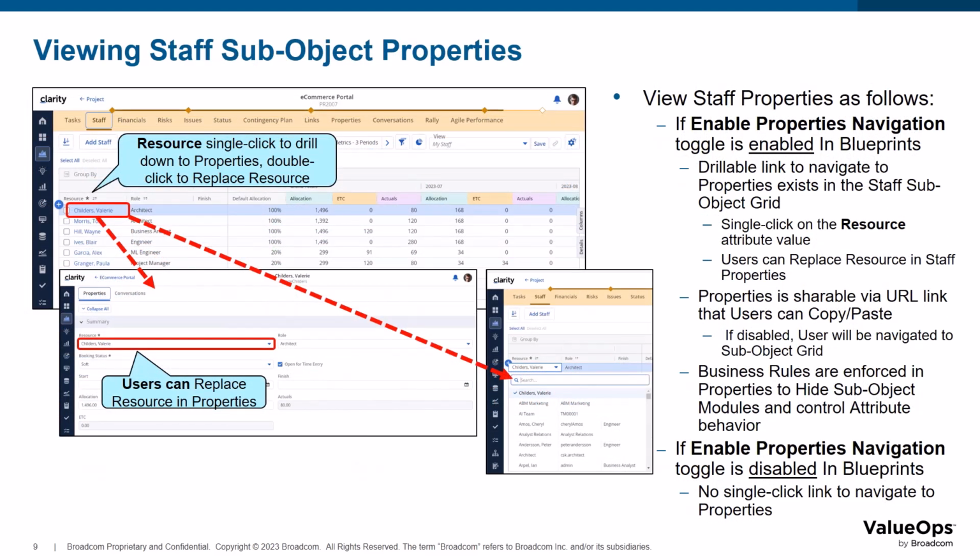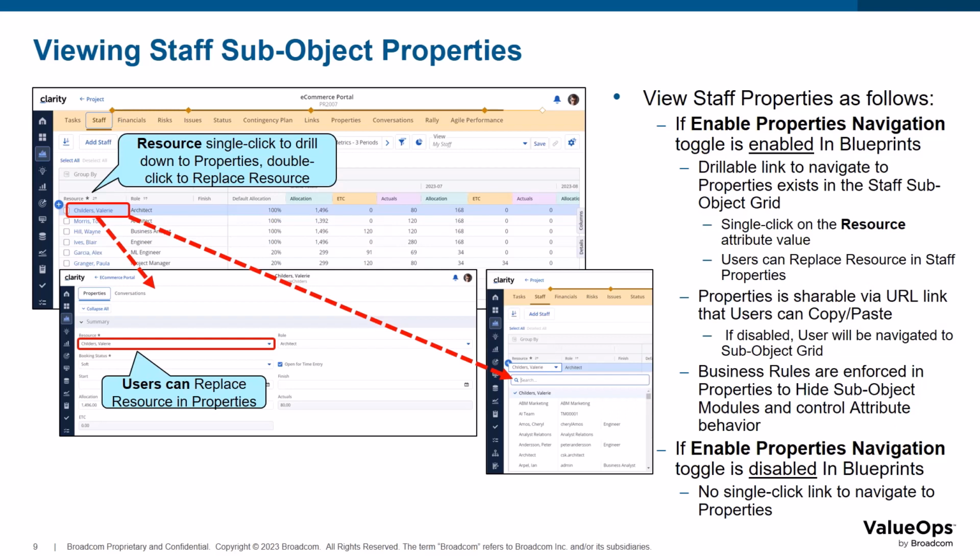I wanted to just show you an example of viewing properties for the staff subobject, but essentially it works the same way as other subobjects with two small exceptions. The first exception is that you will be drilling to properties using the attribute resource, and it's not name.